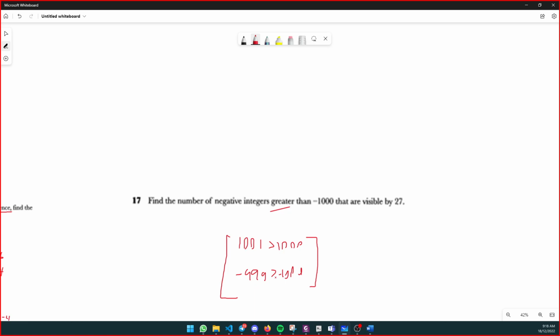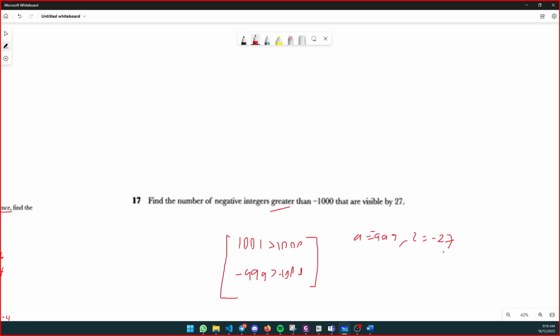So how do we solve this question 17? One way is to take A as 999. 999 you can actually divide by 27.